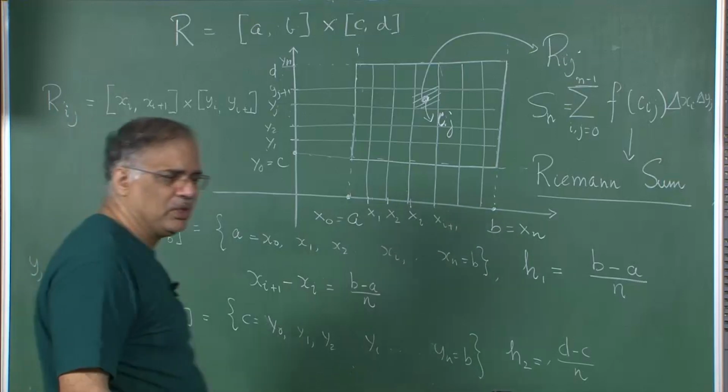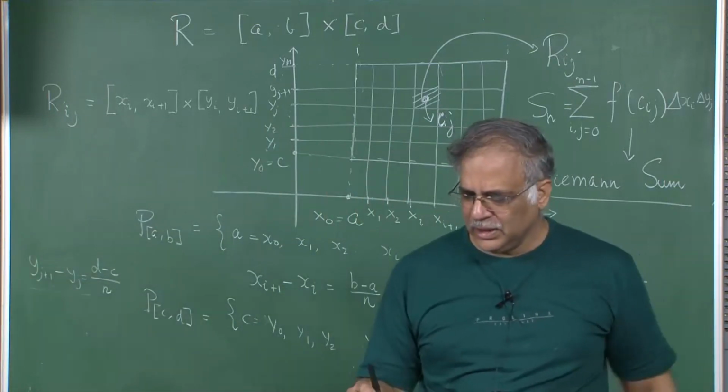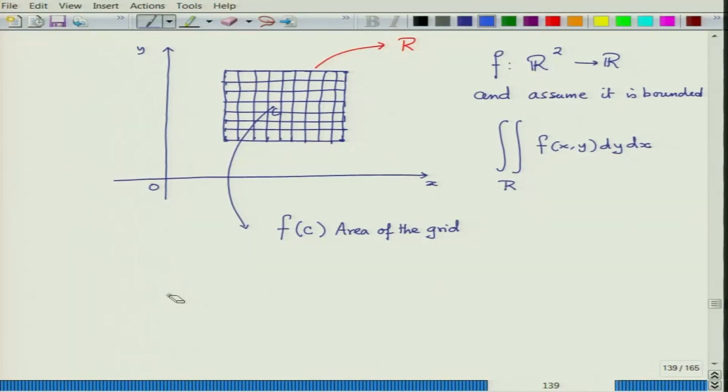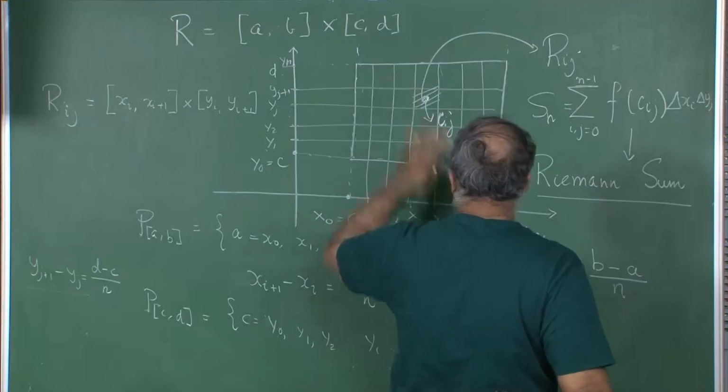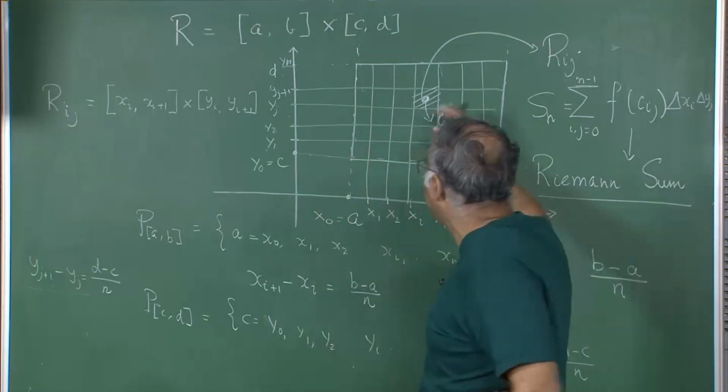Okay. So, here what we are seeking is the limit as n goes to infinity, that you keep on increasing the number of partition points, you make finer and finer grids. This is called a grid.